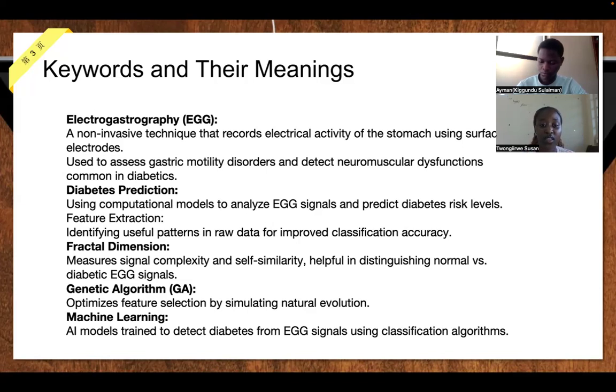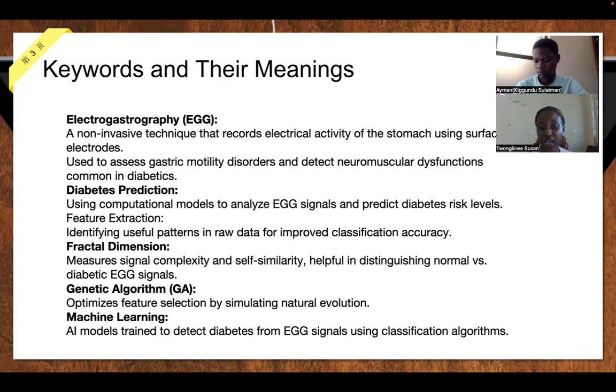Another term is diabetes prediction, using computational models to analyze the EGG and predict diabetes risk levels. Then we have feature extraction, which is identifying useful patterns in raw data for improved classification accuracy.